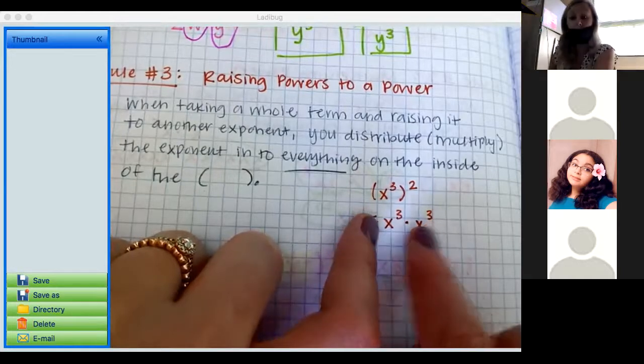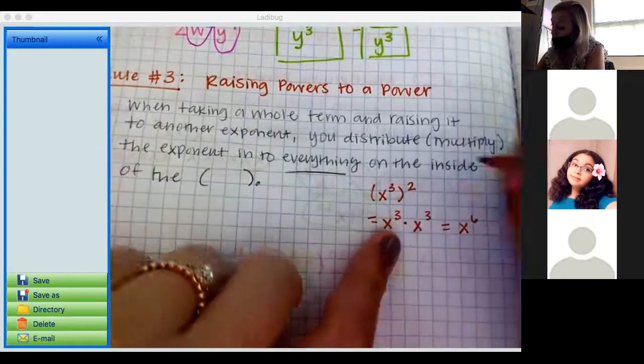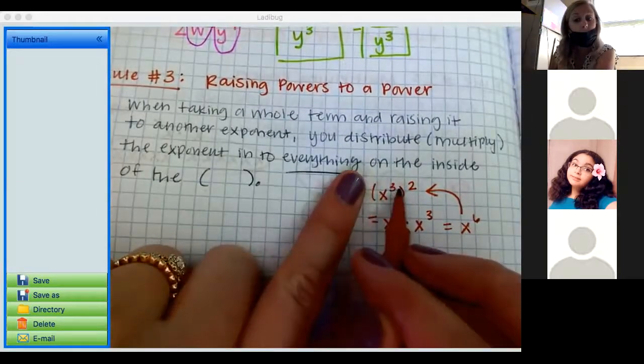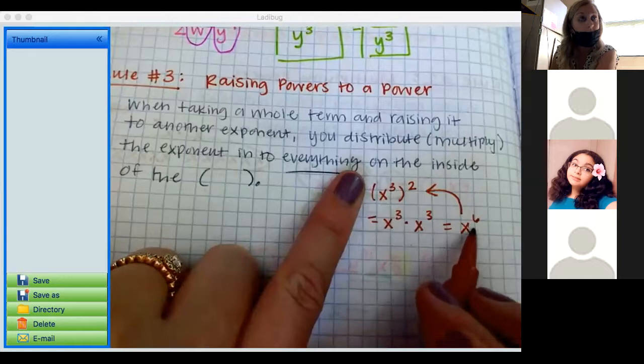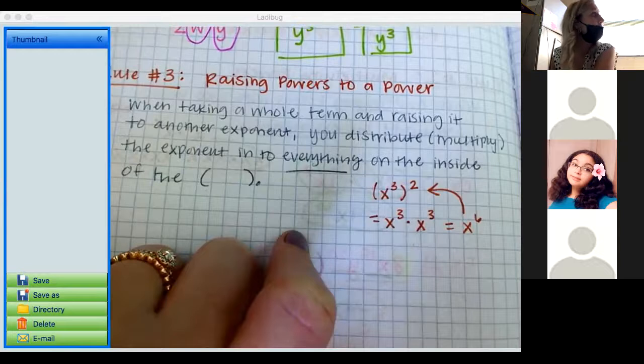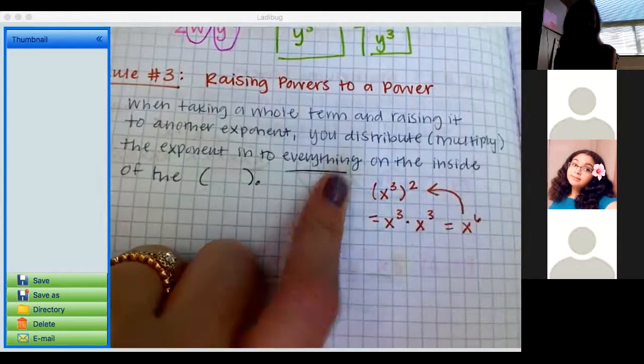Add. Yeah, so what's 3 plus 3? 6. So if you look at the top where we started, if you just did 3 times 2, wouldn't you get 6? Yeah. So my kids like this rule because usually it's a shortcut. It helps you out, all right? So you're just going to distribute that exponent in.